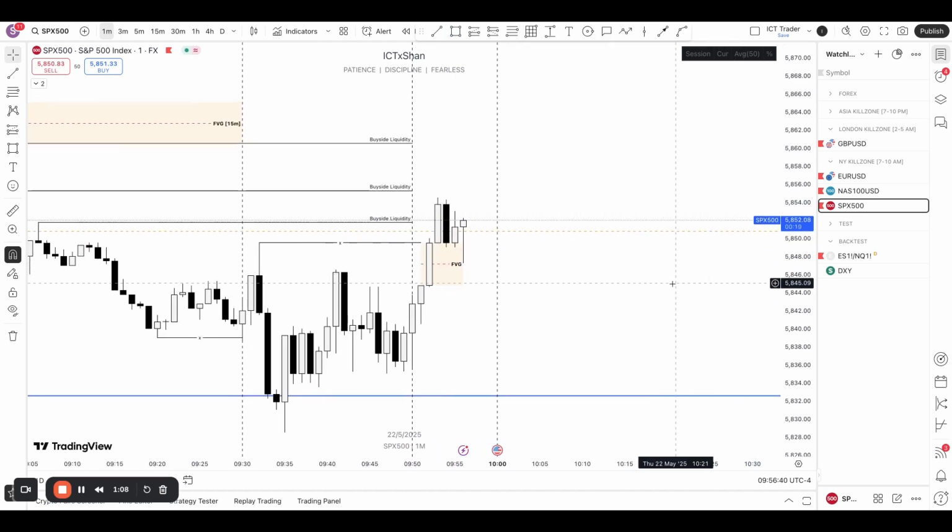So it's going into the FVG and doing something. We'll see. Seems like it's respecting the fair value gap. And what else?